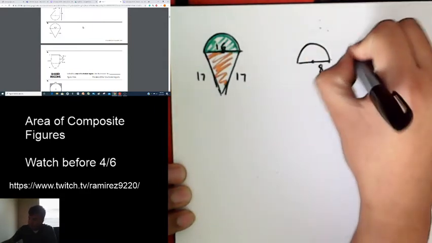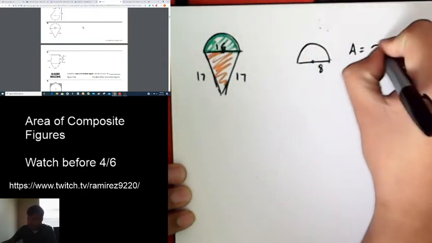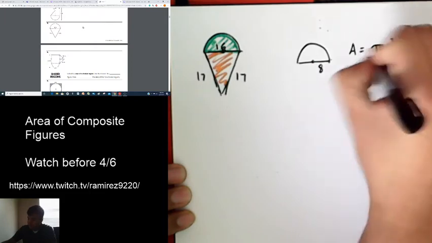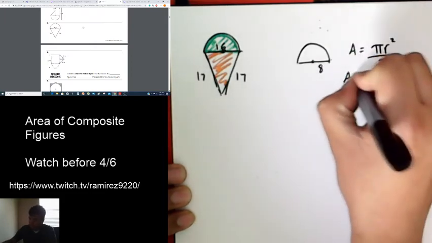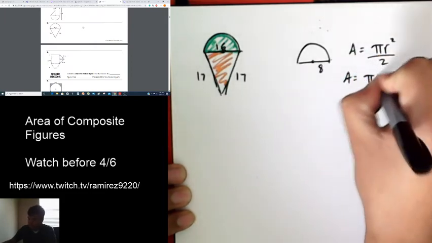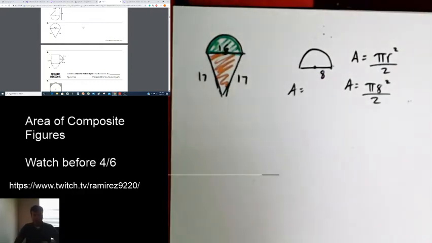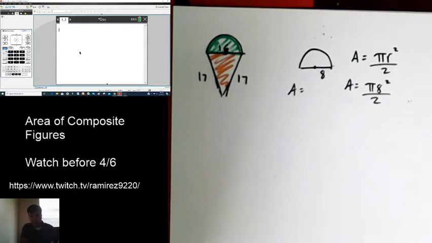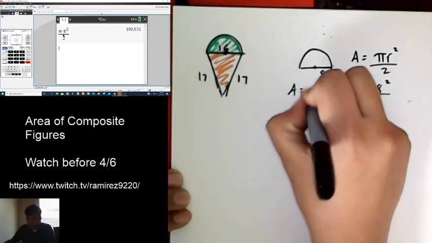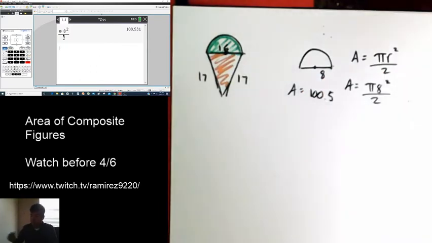And again, area of a semicircle, we already said it's pi r squared divided by 2. So it is pi 8 squared divided by 2. The area of my semicircle is pi 8 squared divided by 2, right? So I have here an area of 100.5.